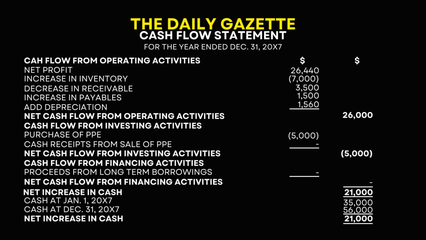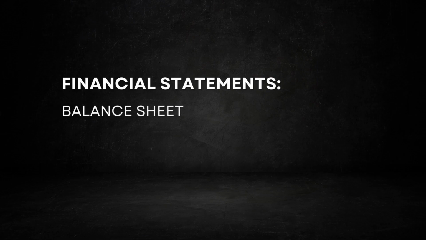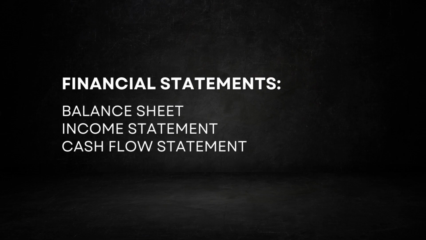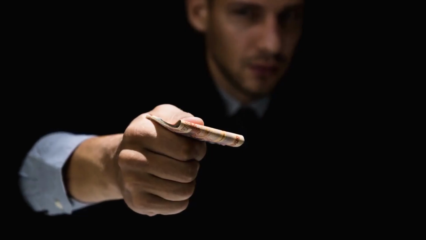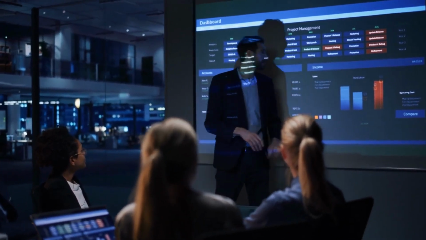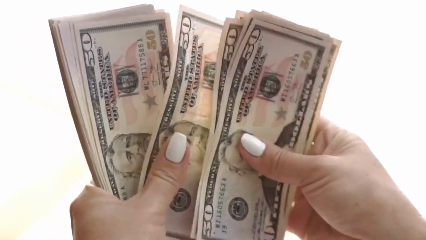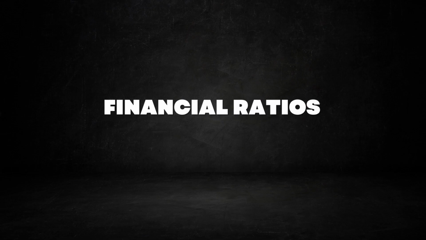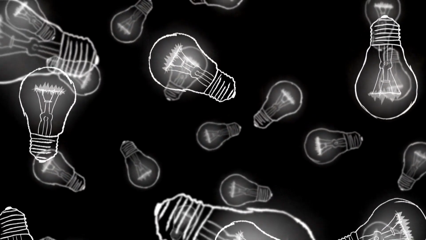It provides a separate analysis of your business's cash flow activities, showcasing how cash is generated and used. Financial statements, including the balance sheet, income statement, and cash flow statement, are used by investors, lenders, and creditors. Investors assess your business's performance and make decisions regarding buying or selling shares. Financial ratios, which we haven't covered in this discussion, can be used to analyze the statements and gain further insights.